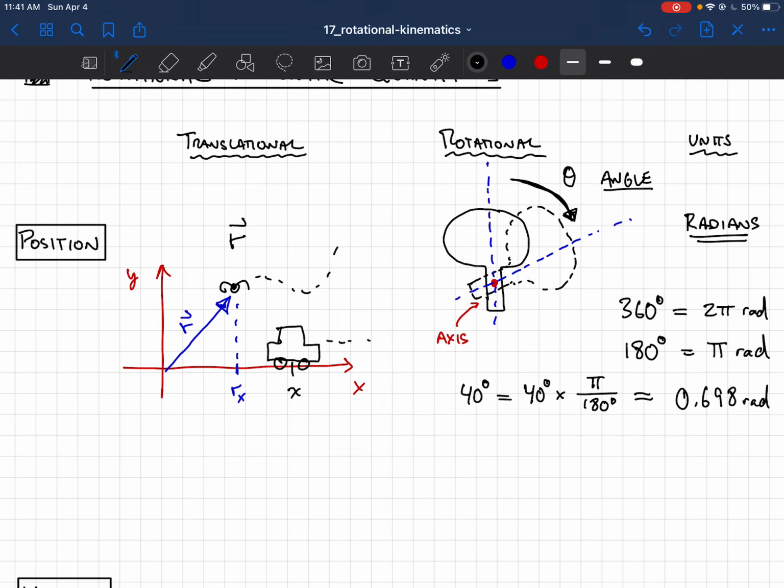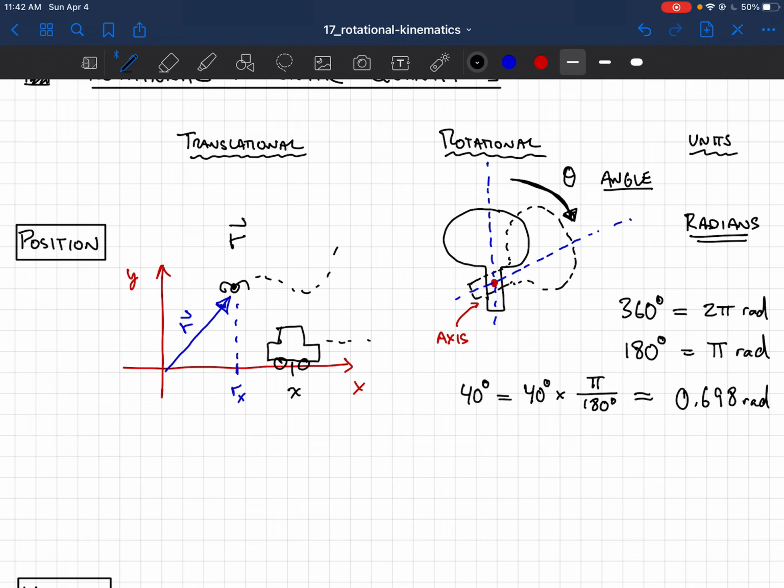There. So radians go from 0 to 2 pi. And remember, pi is about 3, so 2 pi is about 6. So going a quarter of the way around is 90 degrees. That will be a little bit more than 1 radian.